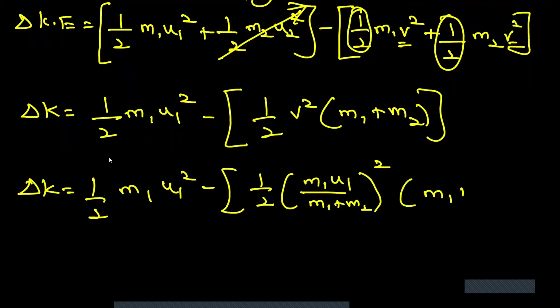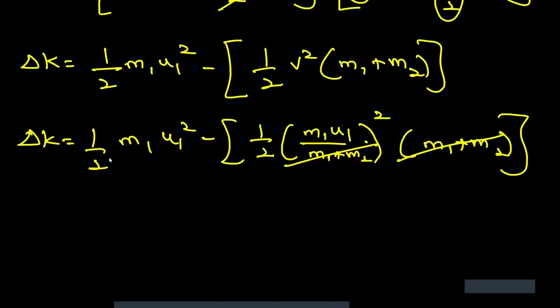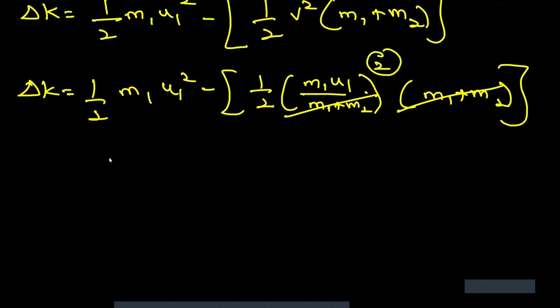Inside the bracket, m1 plus m2 was already there. This is my answer. Now, what can be done? Can't I cancel this m1 and this m1 plus m2? The square belongs to both the denominator as well as the numerator, so out of the square, one part gets cancelled. Little logic I used, that's all. Now continue. Delta K is equal to half m1 u1 square.